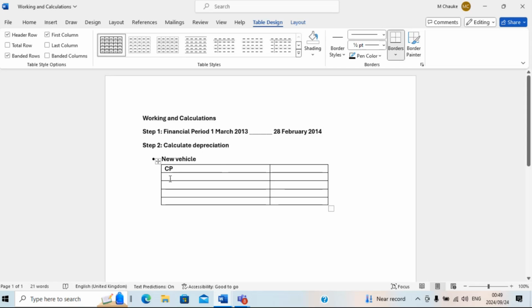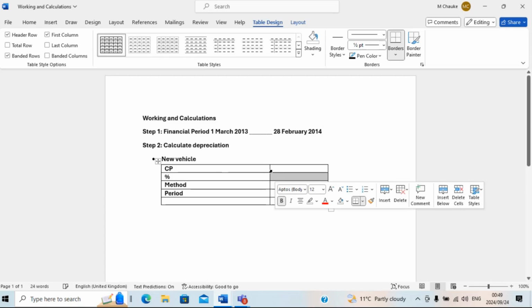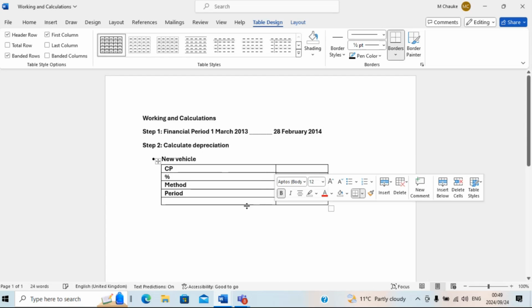Number two, the percentage of the depreciation. Number three, the method that you're going to use to calculate depreciation. And number four, you determine the period.